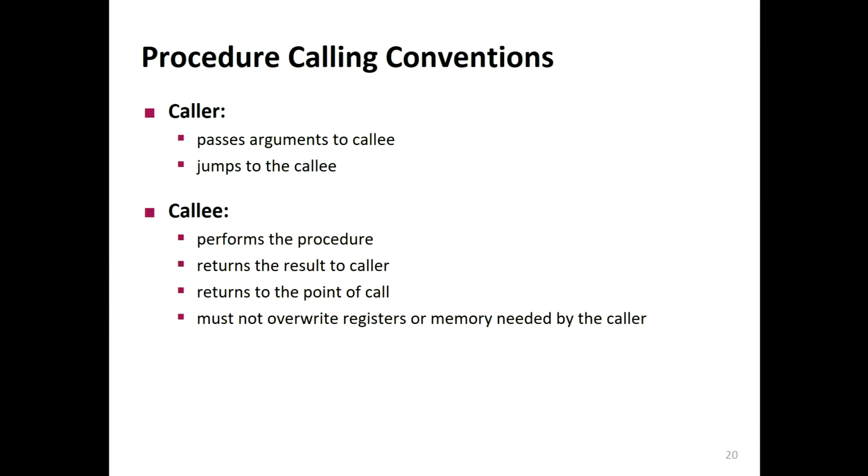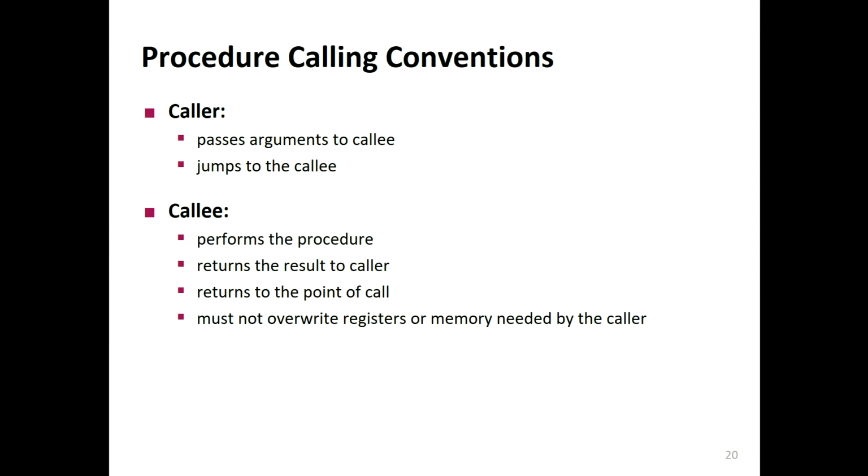As a caller, we need to identify what matters when we write the corresponding assembly version. The first one is the caller needs to pass arguments to the callee, and it needs to jump to the callee. Essentially, you store certain values as arguments, and then you jump to the corresponding part of the subroutine you want to call. The callee should perform the procedure by fetching the arguments, computing on them, and returning the result to the caller.